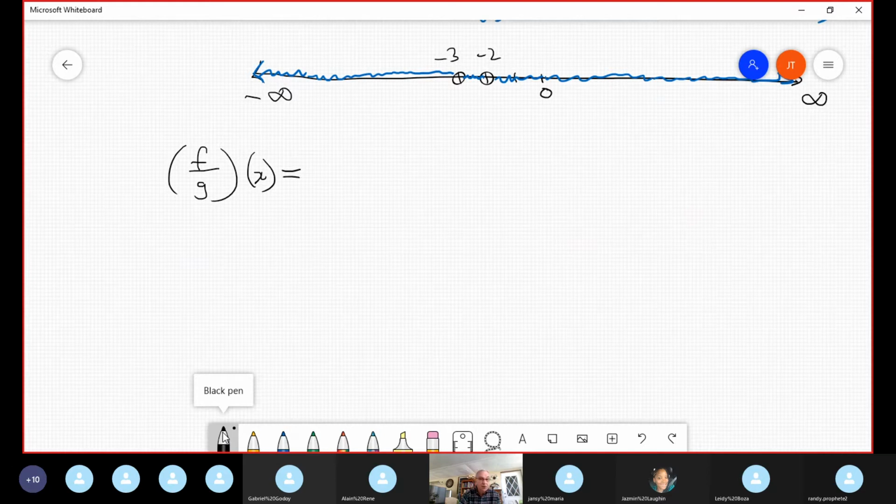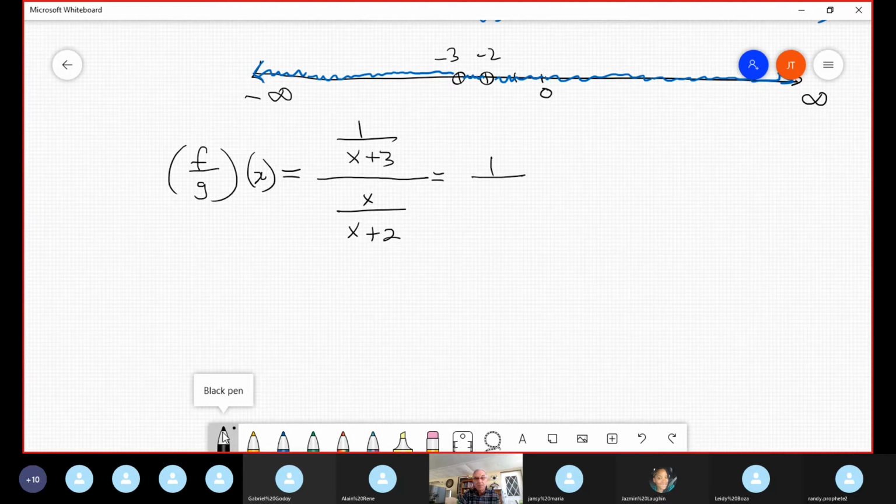Okay, let's do it. f is 1 over x plus 3. g is x over x plus 2. So we have now a division of complex expressions.